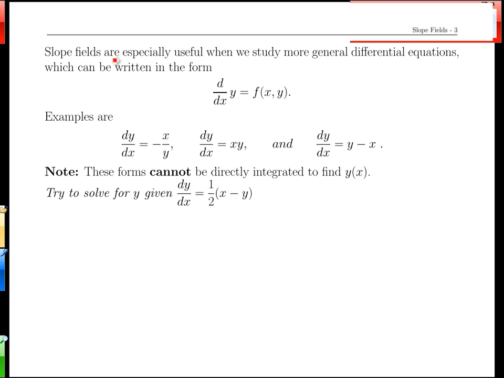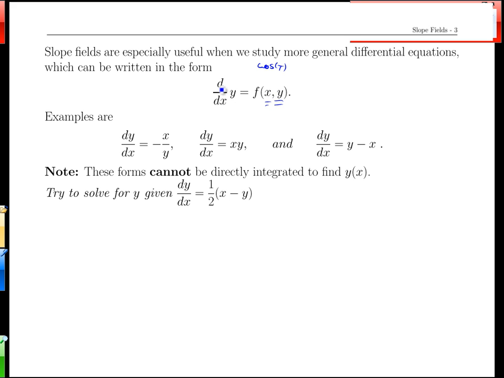Now, slope fields are especially useful in examples that are more complex than that last one we saw. In particular, our last example had just a cos of x. There were no y's on the right-hand side. If you go back to the earlier work in this unit, we had y's on the right-hand side, and that is what's fundamentally new in our study of differential equations.